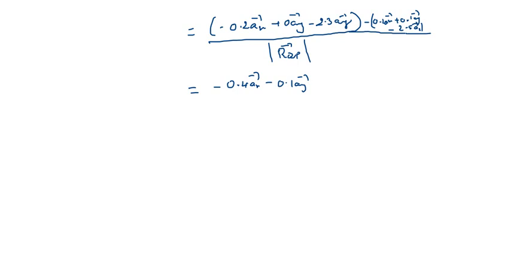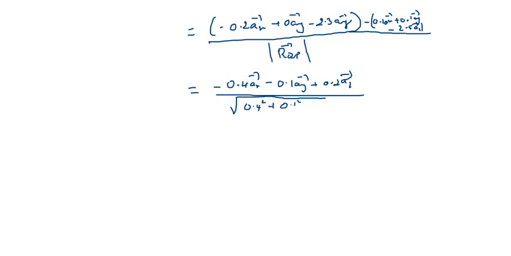Then minus 2.3, and here it is minus 2.5. If you multiply this minus inside, it becomes plus, so minus 2.3 plus 2.5, so it is plus 0.2 a z vector, divided by the modulus of r QP. We can take the modulus: 0.4 square plus 0.1 square plus 0.2 square.